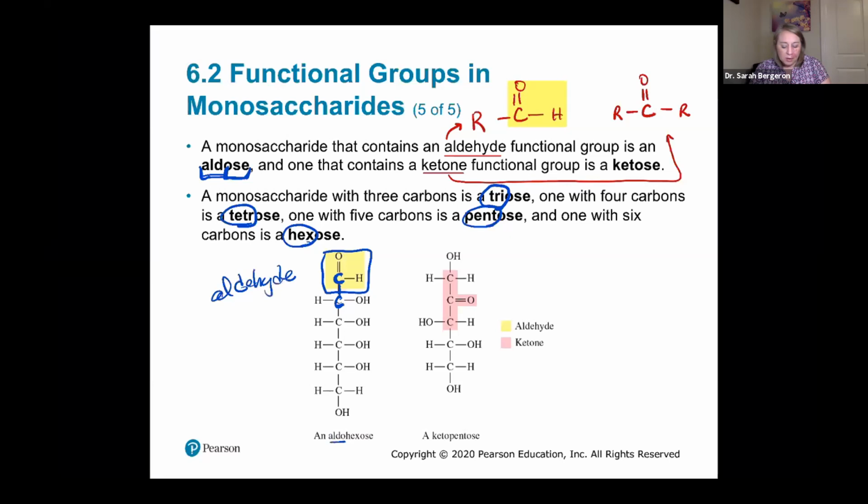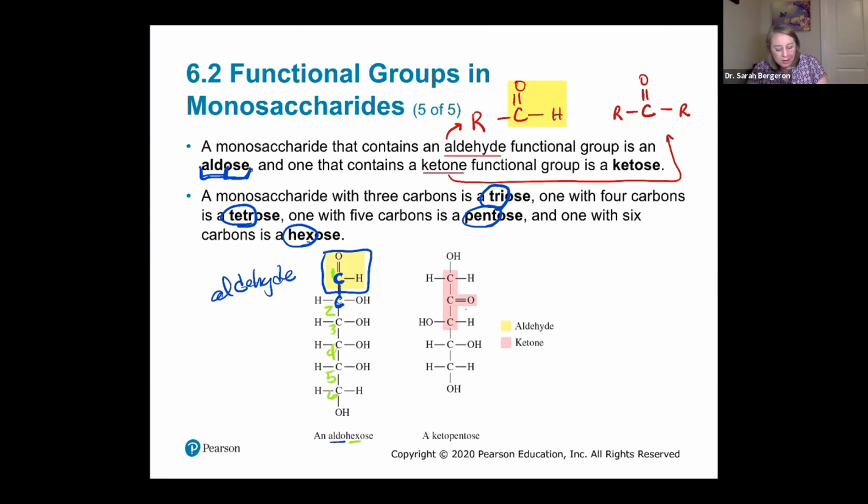And then I also need to know how many carbons. So I'm going to count my carbons. I'm going to go 1, 2, 3, 4, 5, 6 carbons. So 6 carbons is hex. So aldo hex, and it's a carbohydrate. So we say ose, aldohexose. Okay, so let's try another one.